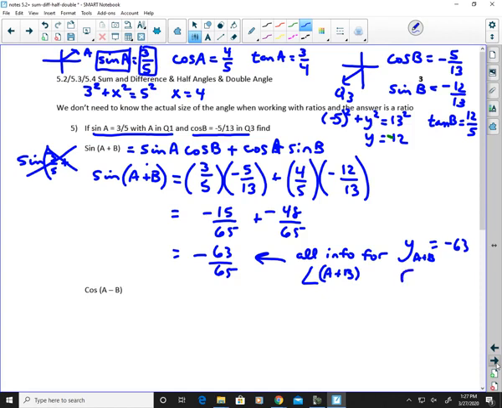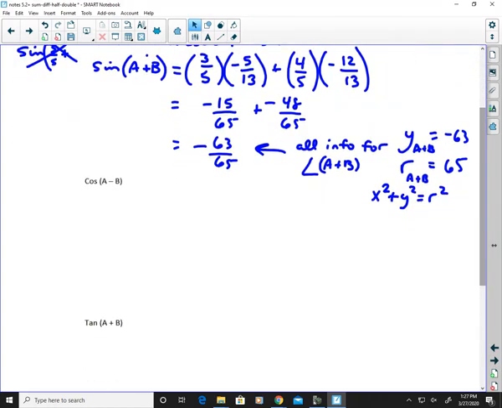The r for the A plus B would be 65, and I could do the x squared plus y squared equals r squared. I could find my x for this, and I could write my ratios for this A plus B angle. I could write all the ratios. Cosine A minus B. So off the formula sheet.